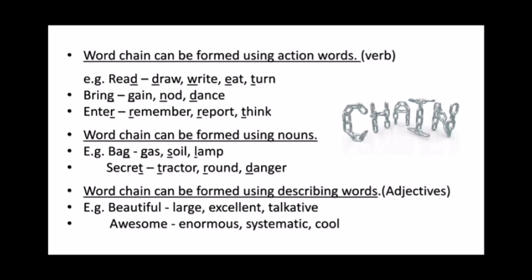So similarly, you can see that the last letter of the first word is the first letter of the second word. So similarly, it continues as you go. That is why it is called a chain. Next is awesome. Awesome, enormous, systematic, cool. So all these words are describing words.